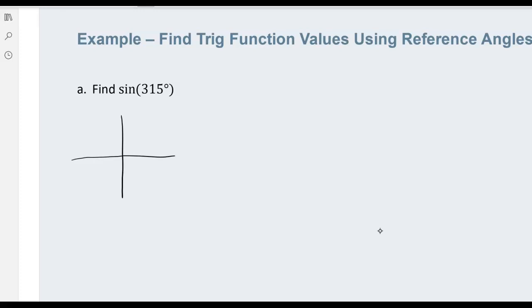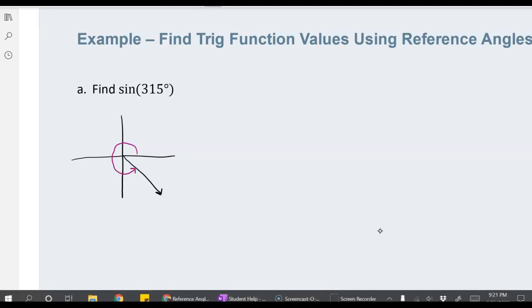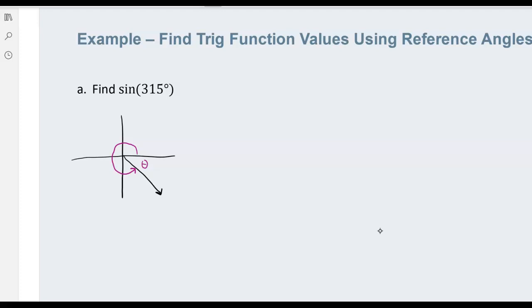So 315 is going to be over here, right? So we said that we're in this quadrant, and our angle goes like this. So we want to figure out what this is, because that's going to be our reference angle.